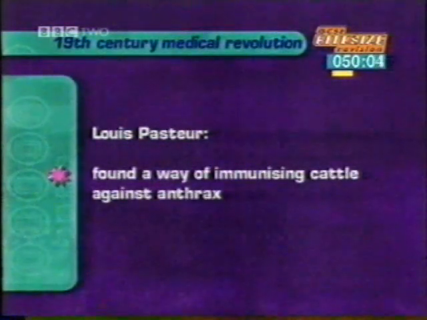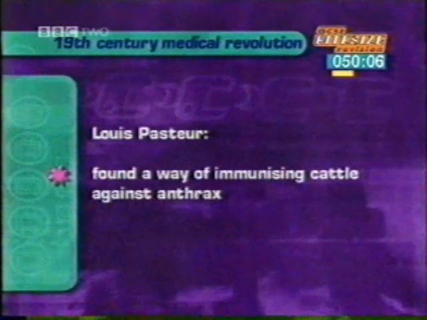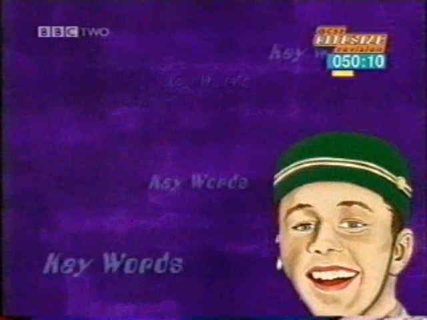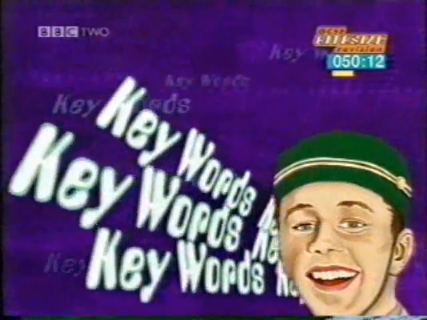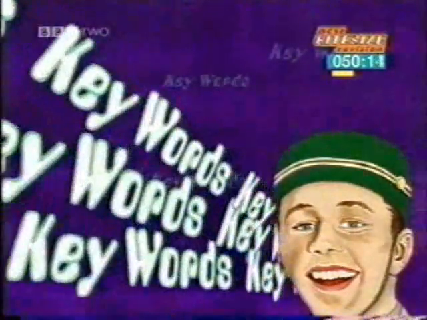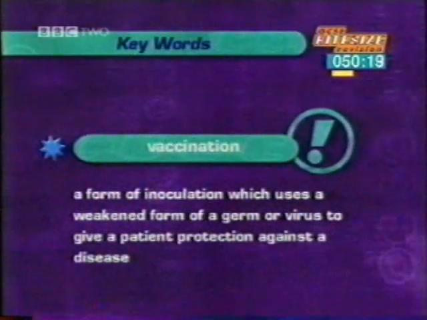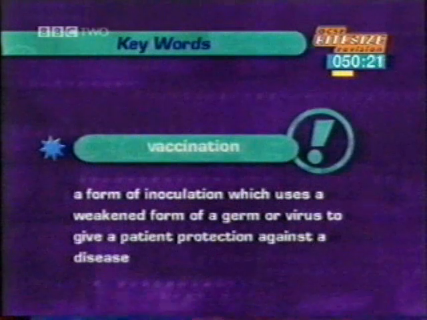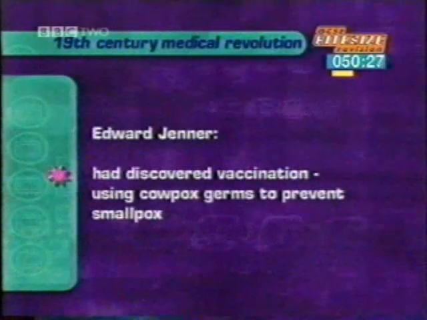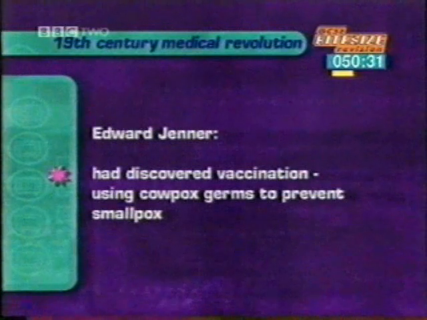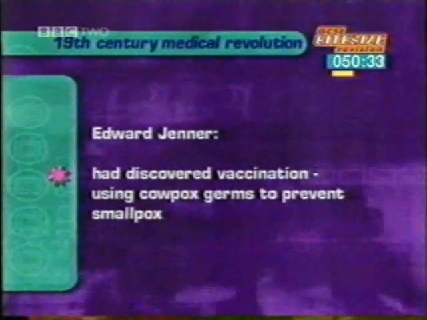Then Pasteur, building in turn on the work of Koch, discovered a method of immunizing cattle against anthrax. He used the technique of vaccination. Vaccination had been discovered by the Englishman Edward Jenner, who protected people against the deadly smallpox by infecting them with the closely related but harmless cowpox infection.